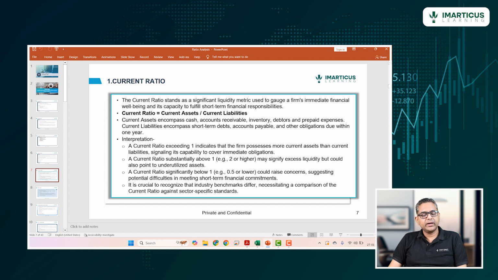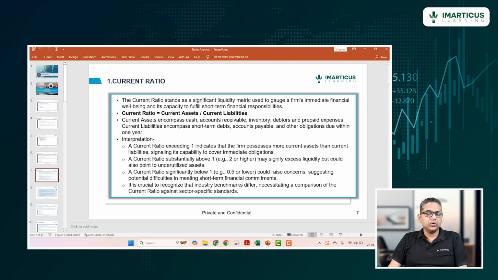So what we need to do here is compare the current ratio of our company versus other similar companies within that industry, right? So for different industries, this ratio could be different, and it's perfectly fine. For example, if you look at an IT company, or a service based company, you might find that the current ratio is higher.